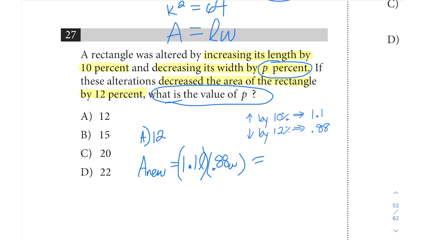But when I multiply that, I probably don't even have to do the calculation, because I know that my final area is supposed to be 12% less, which means my final area is supposed to be 88% of the original.